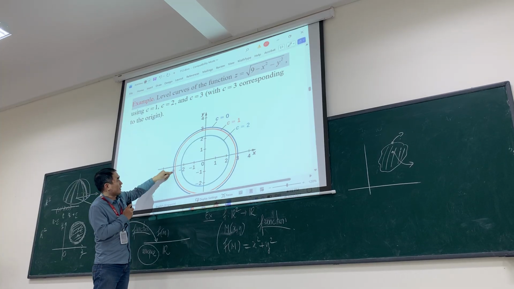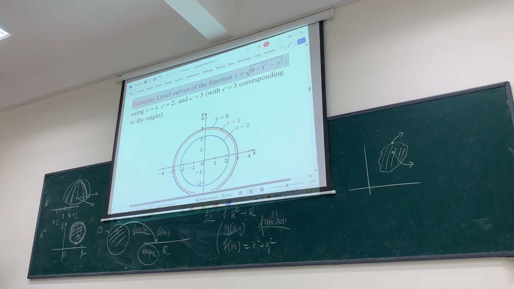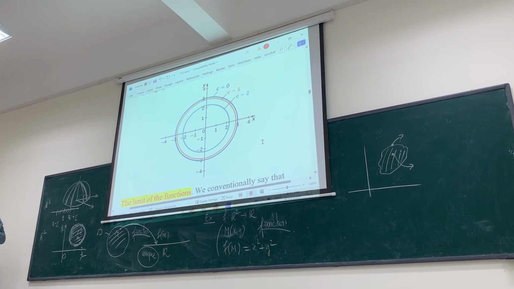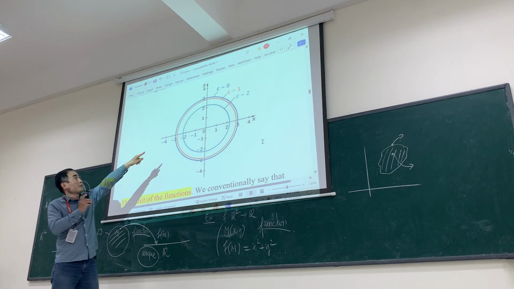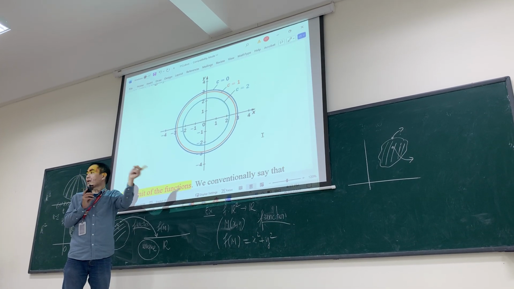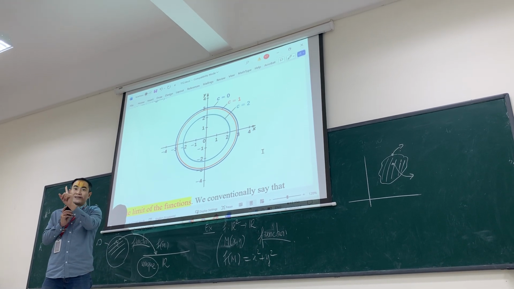To continue, we can express the level curve corresponding to c equals 0. C equals 0, what do you think? If we take c equals 0, that means z equals 0. Z equals 0 means x squared plus y squared equals 9.